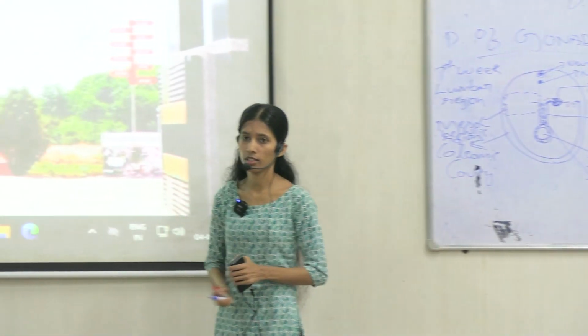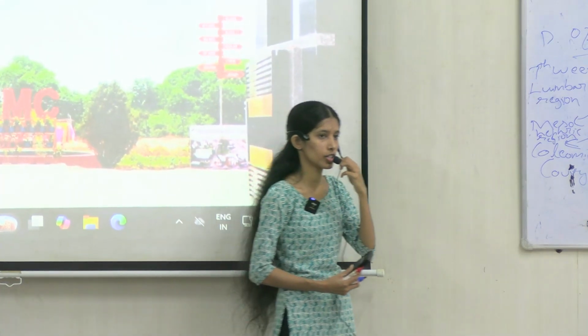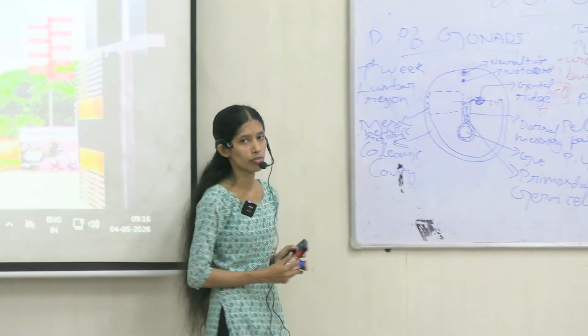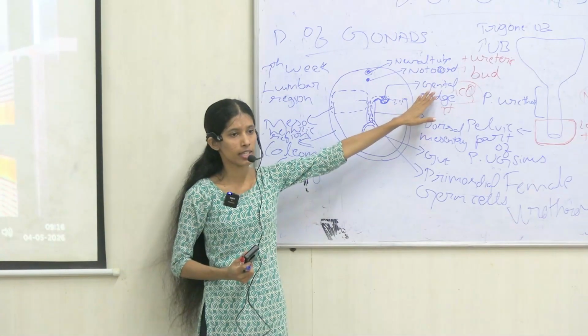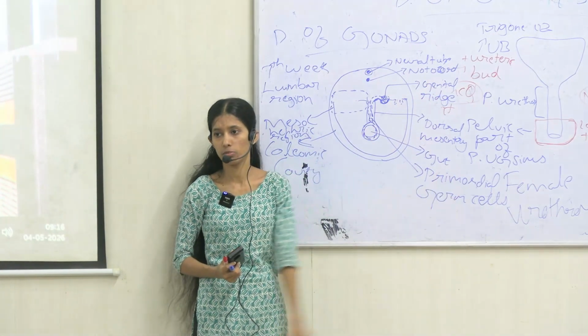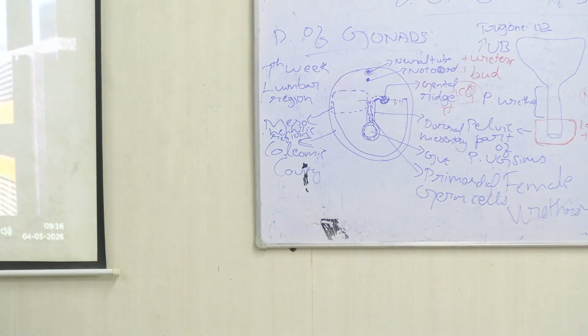These are the few important structures we can see at the lumbar region during the 7th week of development. Right now, try to remember two words: genital ridge and primordial germ cells. The remaining topics I will discuss in the next session, but remember this diagram.